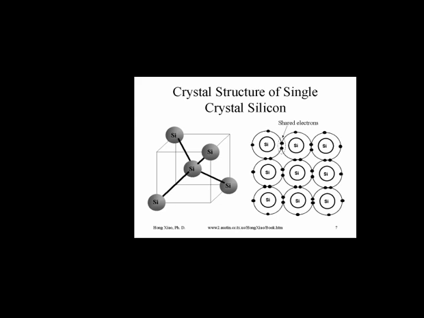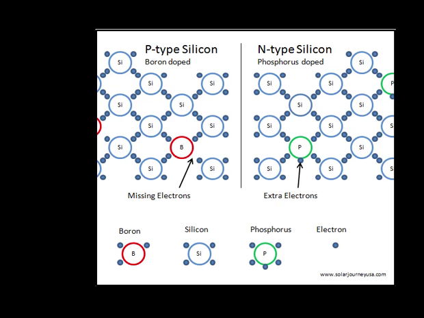Now, impurities can be introduced into this crystal, and that's called doping. The effect is different for different dopants. We'll see here, if you use boron as the dopant, boron has 3 valence electrons, and so there is a spot in the crystal where there is a hole, where there's an electron that's missing in a way.